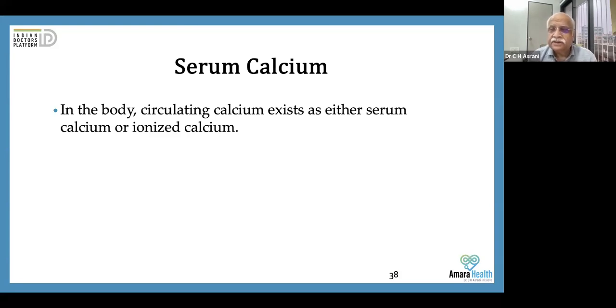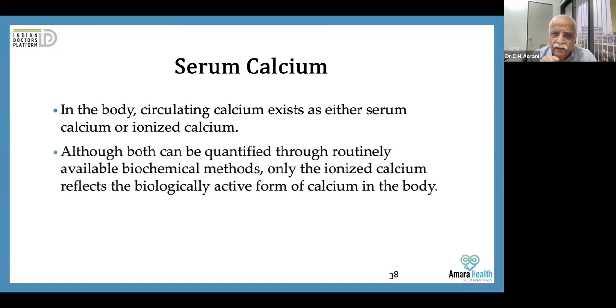What is the difference? When should you ask for ionic? When should you ask for total? Although tests can be done for both, you have to specify. If you write advise serum calcium, they will do total circulating calcium. If you advise ionic calcium, they will do ionic calcium.